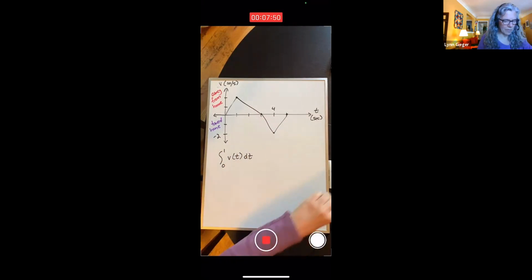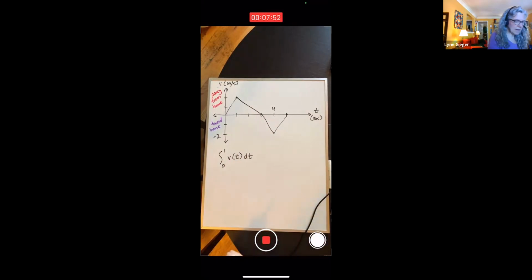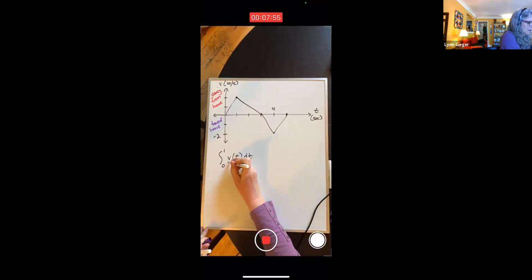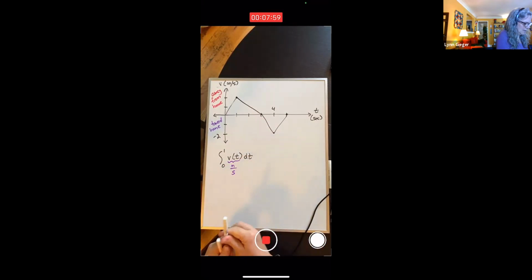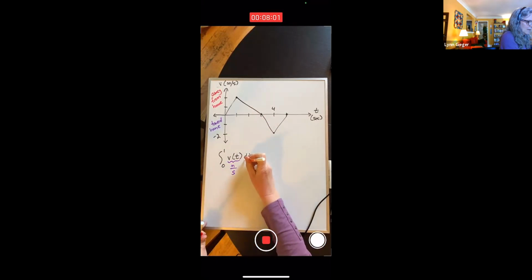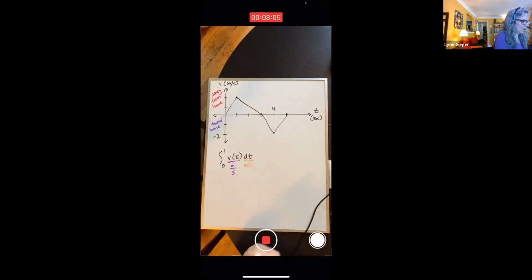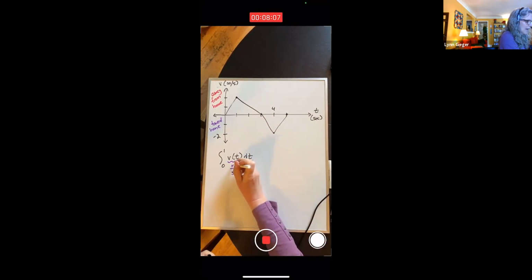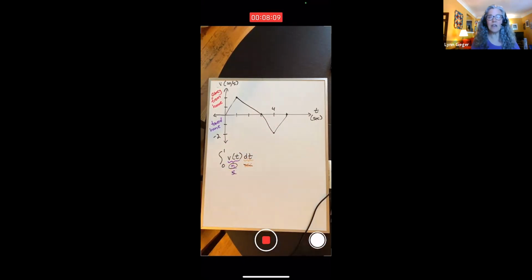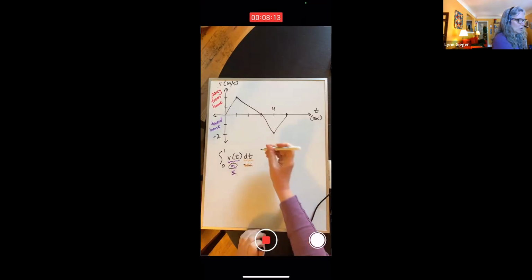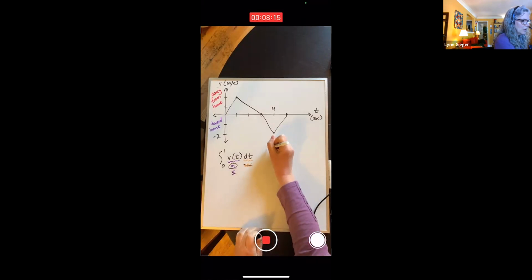Okay, first off, let's talk about the units. This is in meters per second, whereas this is in seconds. The seconds and the seconds cancel, so the unit of this accumulation is going to be meters. So this is the total change in meters.